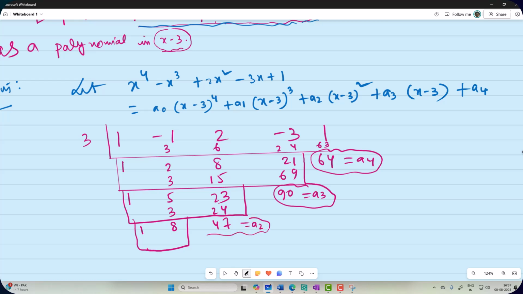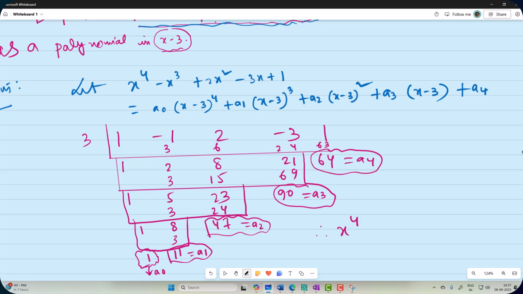Now again you apply synthetic division. 1 come here. 3 into 1, 3 and this is 11. So this is going to be A1. Okay? And this term, the last one, will be considered as A0. This is your A0.